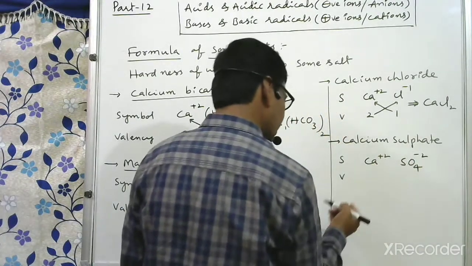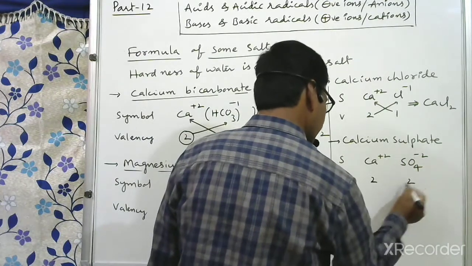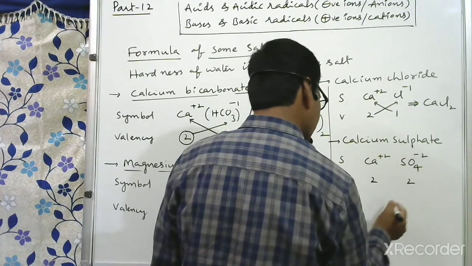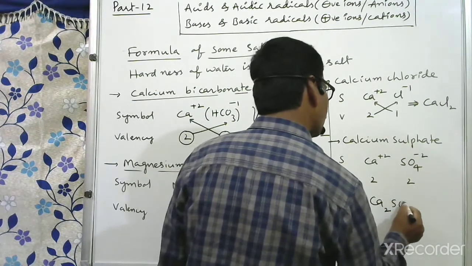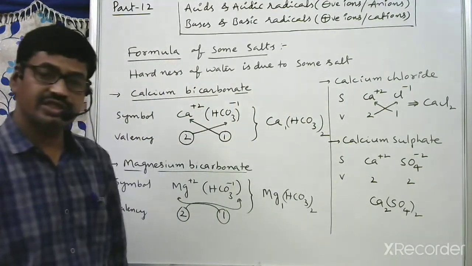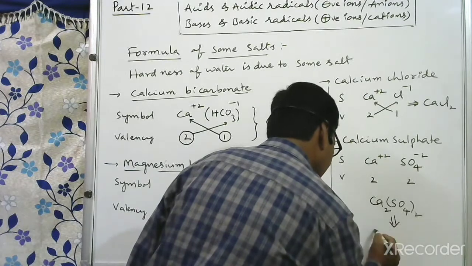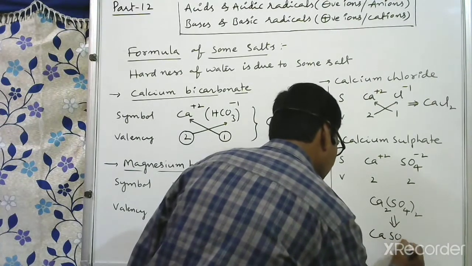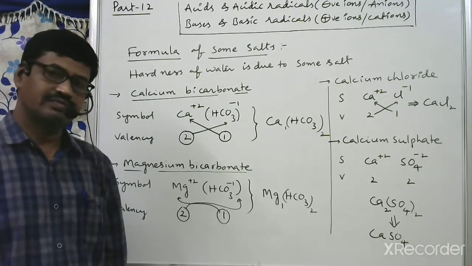This charge is nothing but valency. Here 2, here 2. By crisscrossing these, we get Ca2 SO4 taken twice. But while writing a formula, always take the simplest ratio. The simplest ratio for this is Ca1 SO4 1. So calcium sulfate formula is CaSO4.